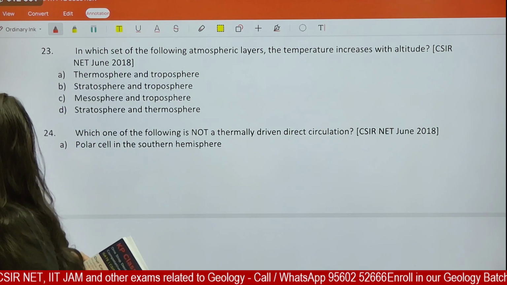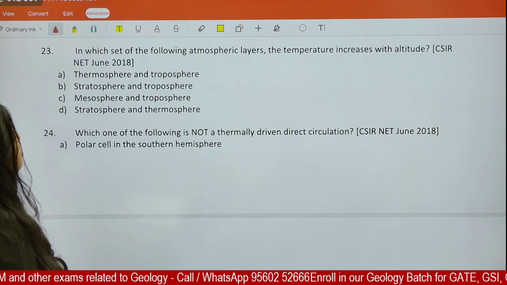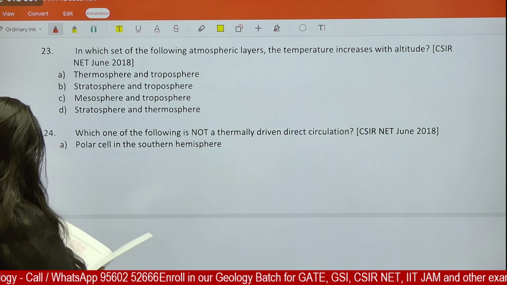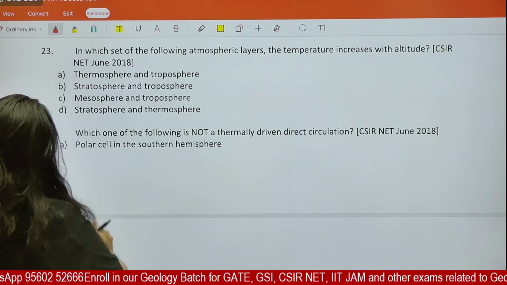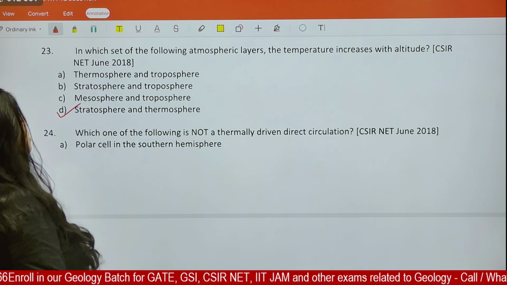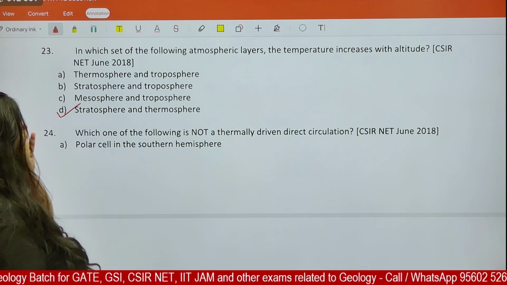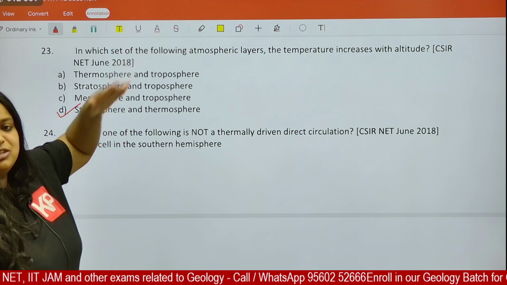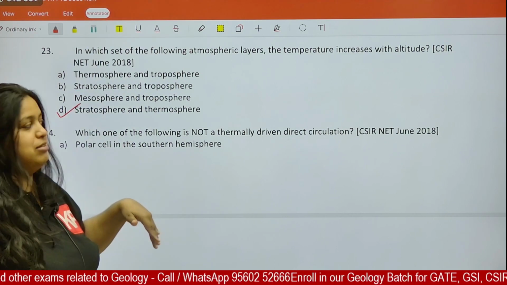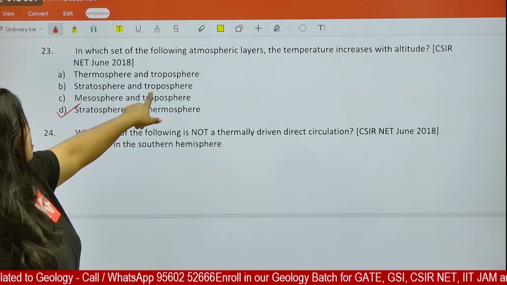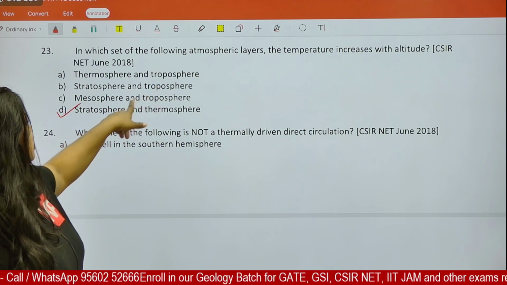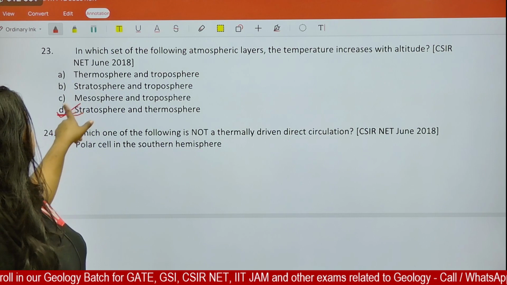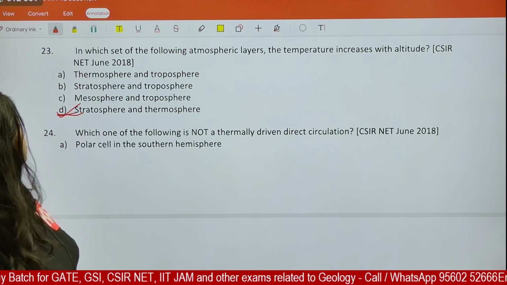The answer over here will be stratosphere and thermosphere. In troposphere, with increase in altitude, temperature actually decreases. Mesosphere is again different. Troposphere is there in the other options, so option D will be the correct answer.